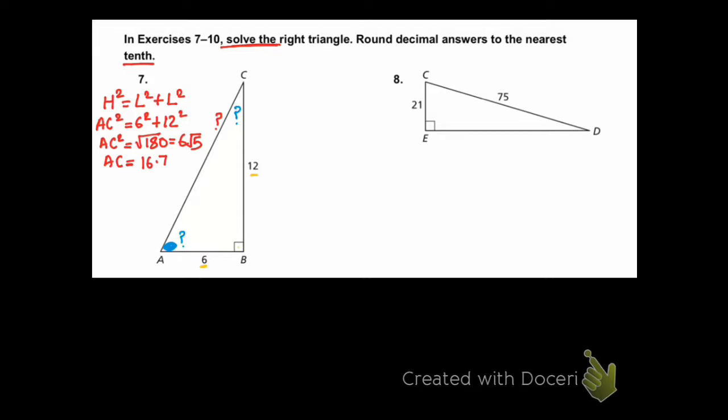I would like to use the tangent ratio, so I'm just using tangent A. I know for tangent it is TOA, opposite over adjacent.